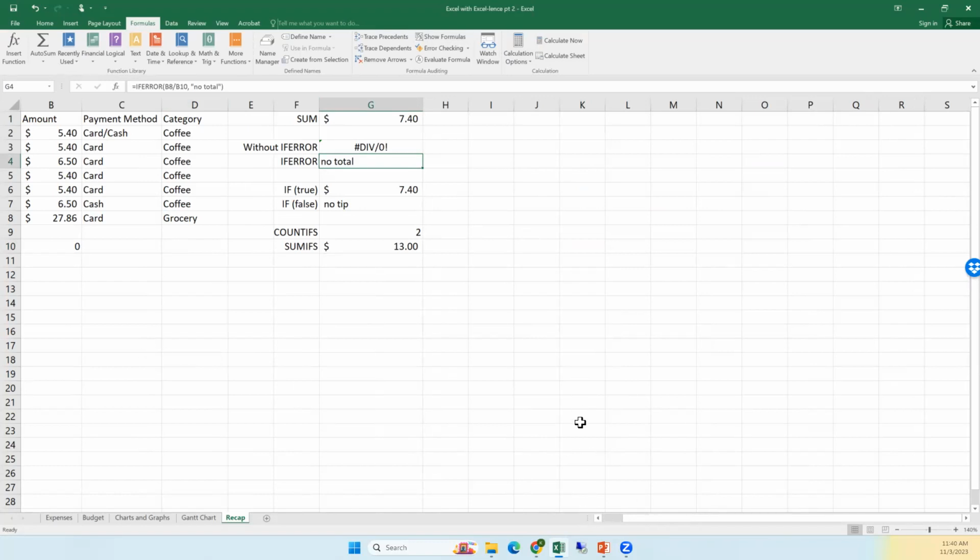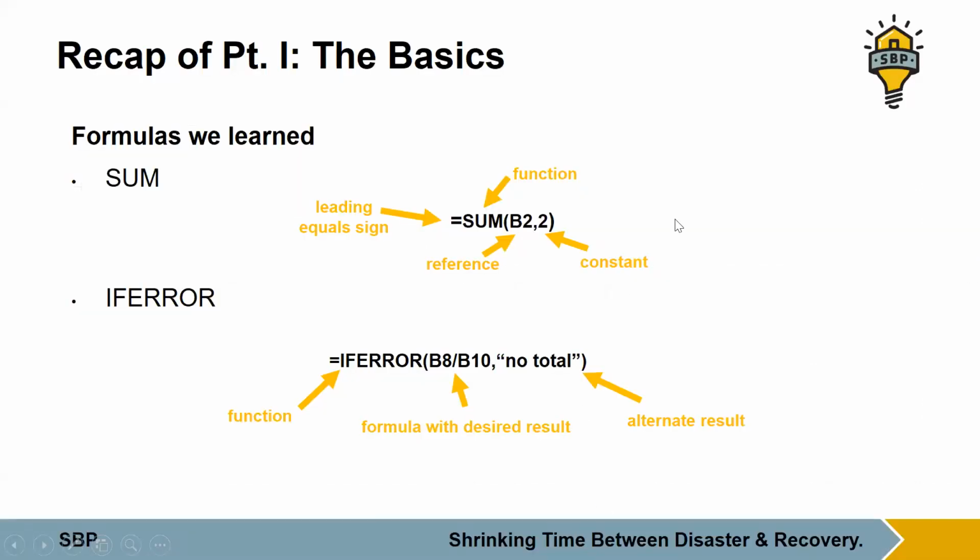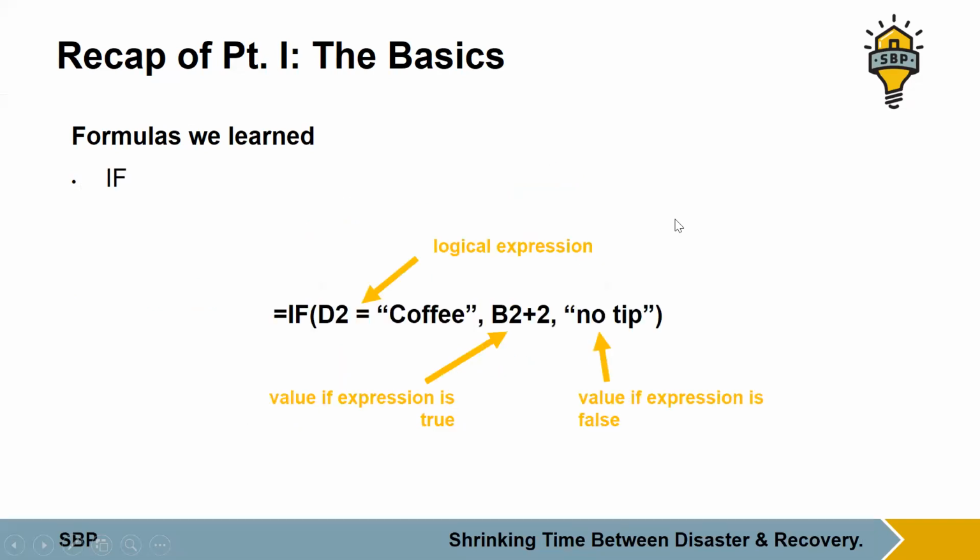And then we also learned IF, which is a slightly more complex formula. So it has 3 elements. It's the function in the front, IF, we know. And then there's a logical expression. So it's something that uses an equal sign, a not equal sign, or there are some phrases that can be used in there, but basically it returns a yes, no, or true, false answer.